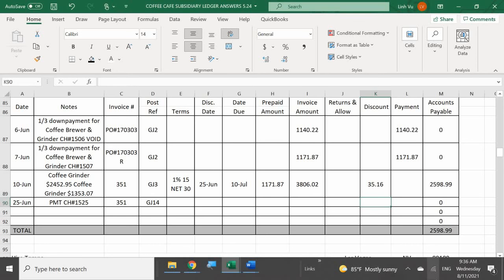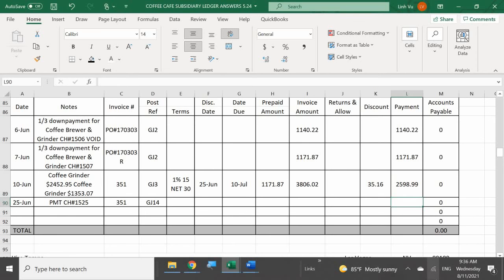And then what was our payment amount? 2598.99. Good. And if I go ahead and just enter that, boom, I am at 0. And I owe Haley Brothers nothing.